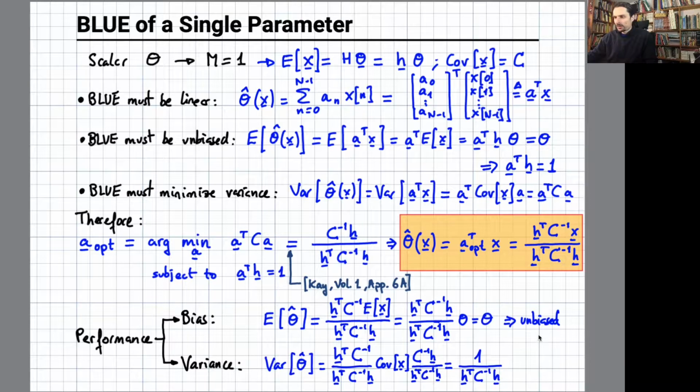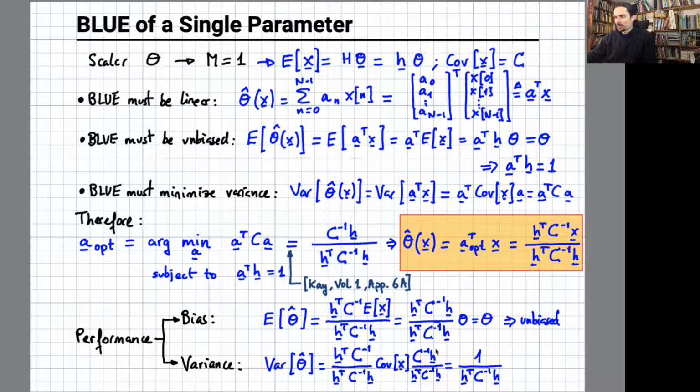So regarding the variance, we can also substitute the optimal A here, right? But just to do it in another way as a sanity check, we can look at the variance of theta hat by taking the variance of this expression, just applying the properties of variance that we discussed earlier.